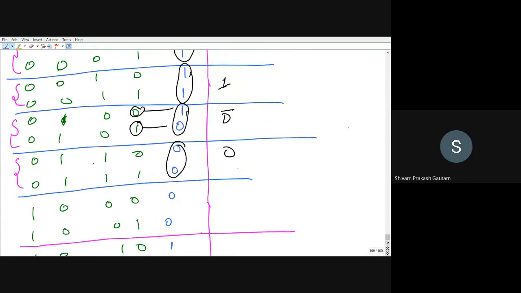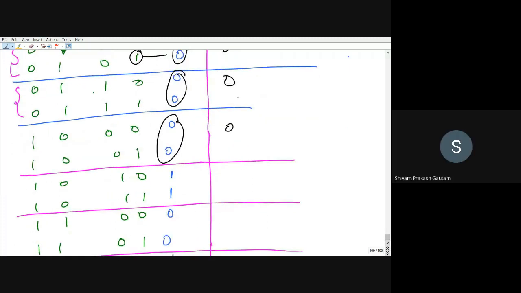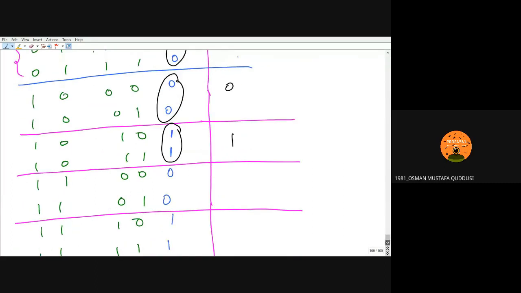Irrespective of D, our output will remain 0 for this case. For 1, 0, 0, it is 0 again. For 1, 0, 1, it is 1. For 1, 1, 0, it is 0. For 1, 1, 1, we will have 1.